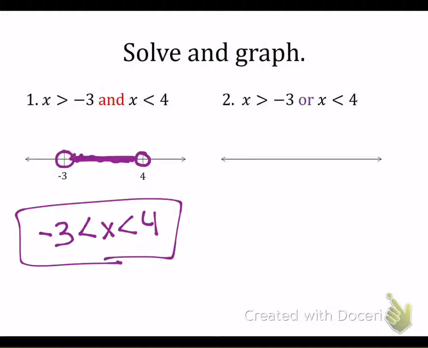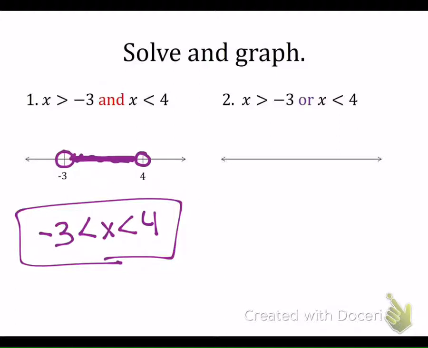Start with the smaller number, then the x, the solutions are in the middle, and then the bigger number. Now, the cool part is, I think it's cool, the ands can be written like this. So you're really putting two inequalities in one. The not cool part is that the ors cannot be written like that. Or is just what it is.